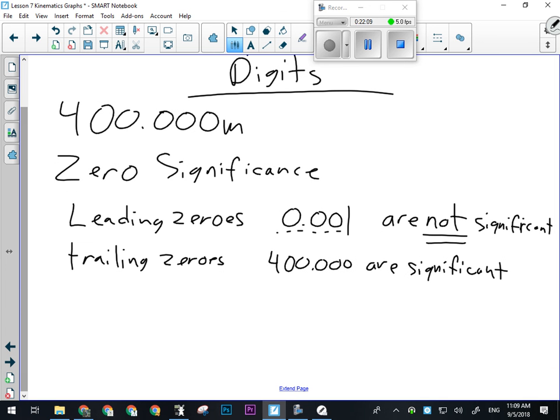Okay, and then there are trapped zeros. That would be like 401.02. Those zeros are trapped. That means they were measured. Okay, they're not just holding a place, they were actually measured. Okay, so they are significant.